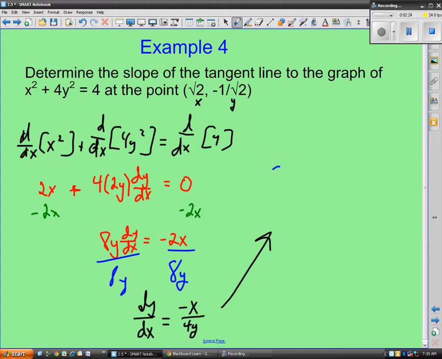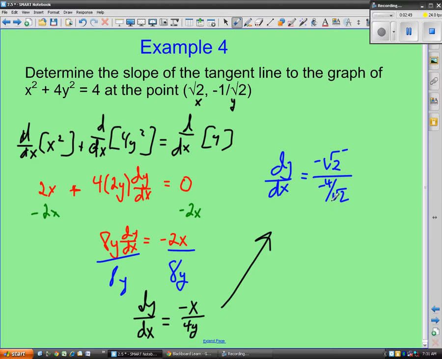And so dy/dx will equal negative square root of 2, divided by negative 1 over the square root of 2. And since we're dividing fractions, remember we multiply by the flip of the fraction. Oh, it is 4 times that, so there's a 4 down here.